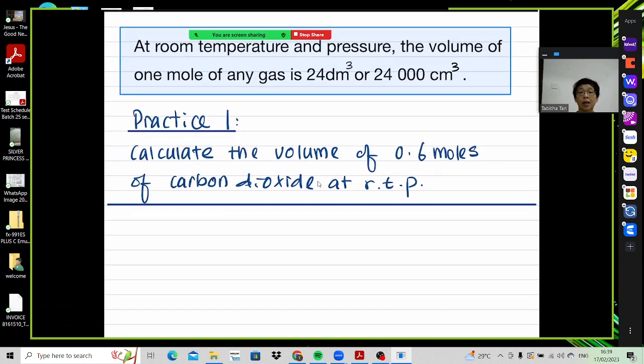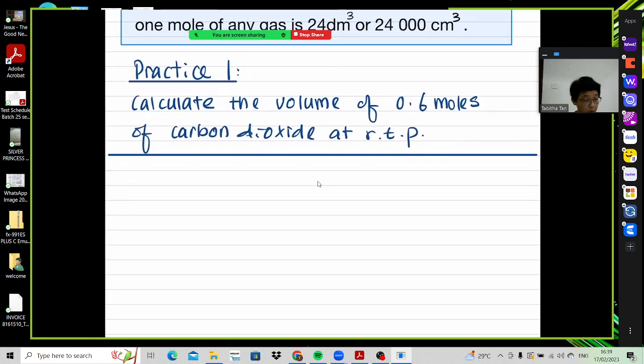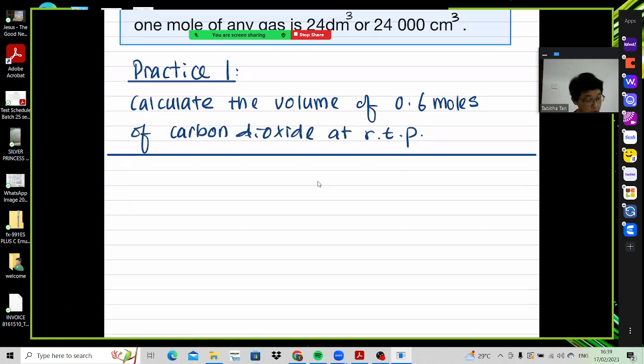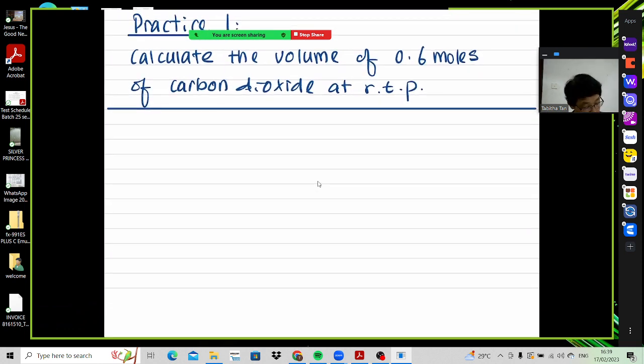Question 1. Calculate the volume of 0.6 moles of carbon dioxide at room temperature. So how do we move on to this? Super easy. From your memory, you have already internalized that 1 mole of CO2 will surely occupy 24 dm cube.